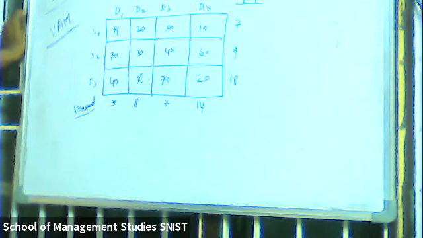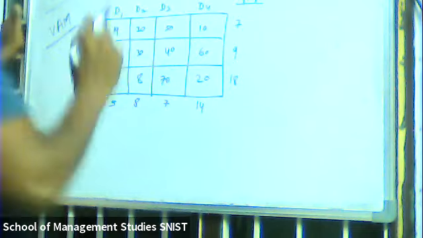Yes, sir. Now, under VAM method, the most important one, suppose they want to give you a 7-mark question, they may give this VAM method directly rather than asking you northwest corner method or least cost method. So first step, listen carefully.